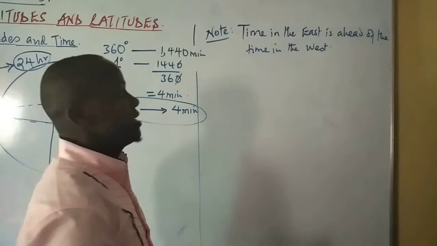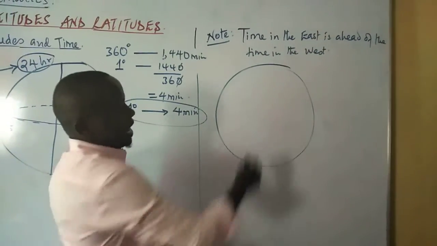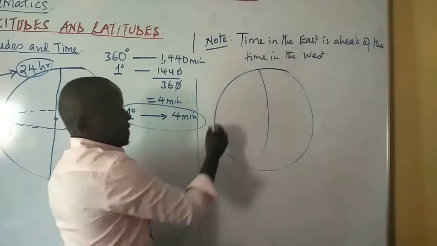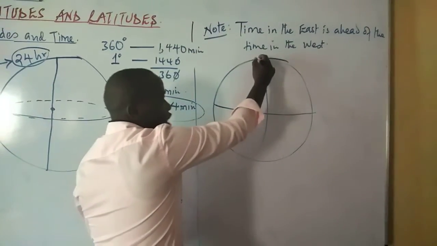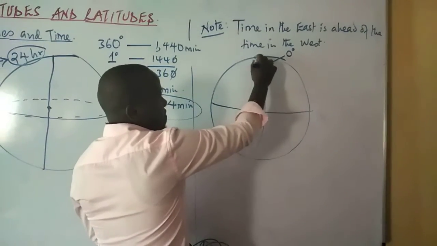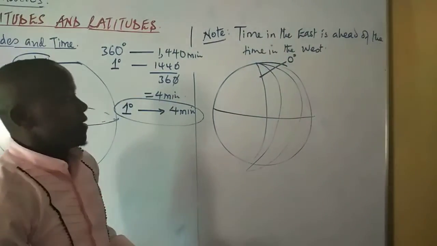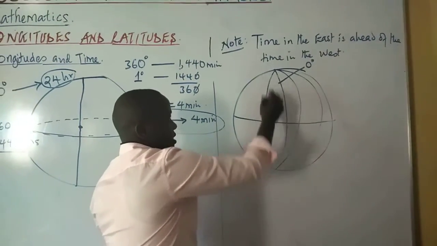And that's why, if we have the globe like this, there is a longitude here. This is 0 degrees, the prime meridian. Then other longitudes like this, and others on the west.